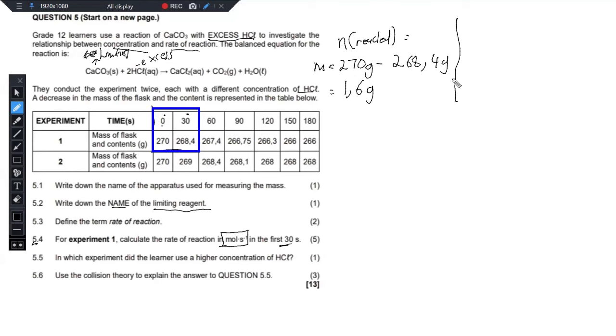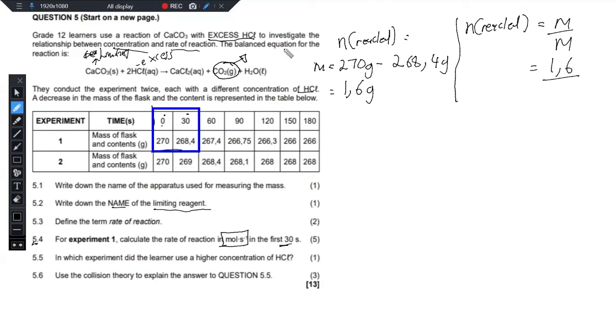Now at this point, we can then calculate the number of moles that reacted by using the formula mass over the molar mass. Then if you say 1.6 divided by what? Remember, the mass that was recorded here is the mass of carbon dioxide. Remember, with reaction rate, we are always recording the reaction rate using the gas that escapes, right?